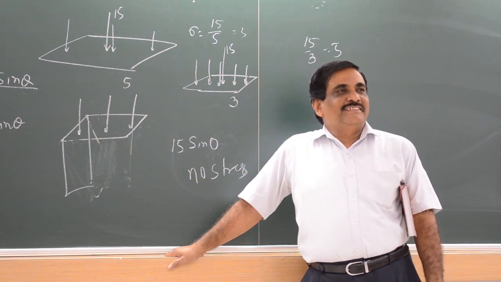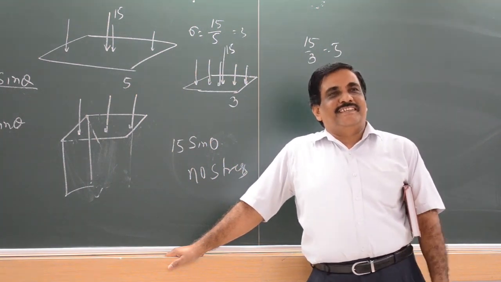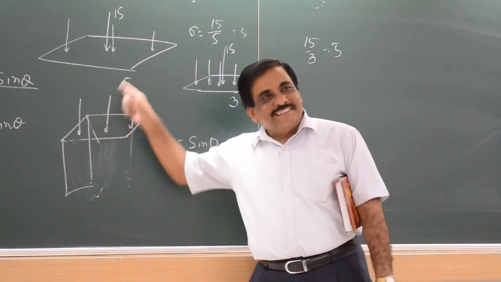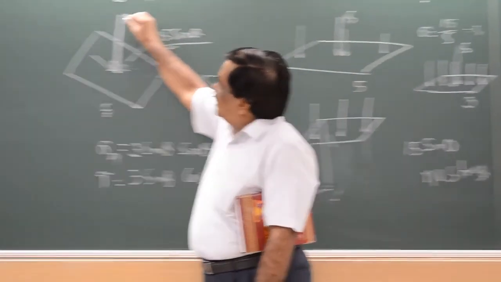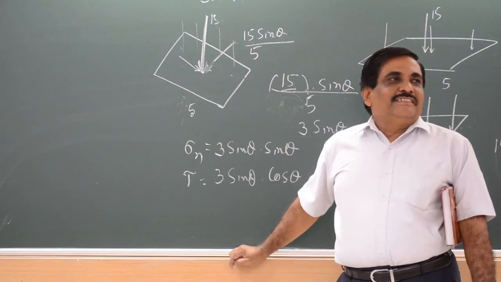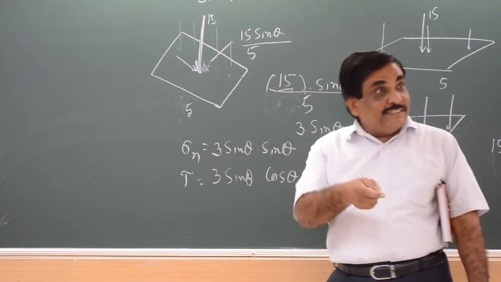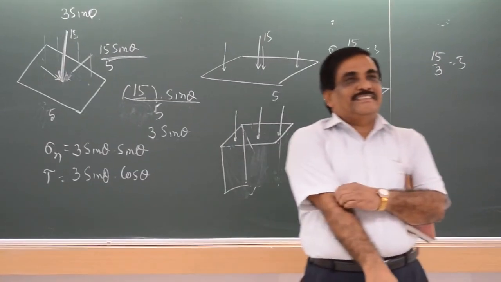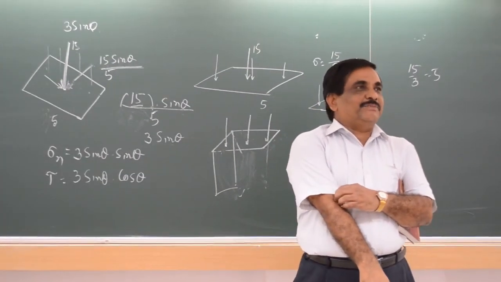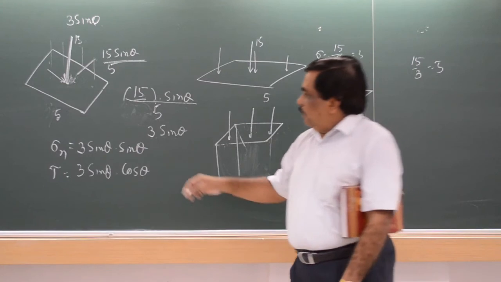Understood ना? ये समझने का है. Same direction it is working, you see. The direction of the stress 15 sin theta का यही होगा. But which component is giving stress is this. समझा?